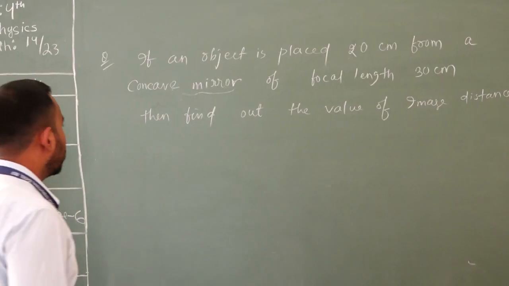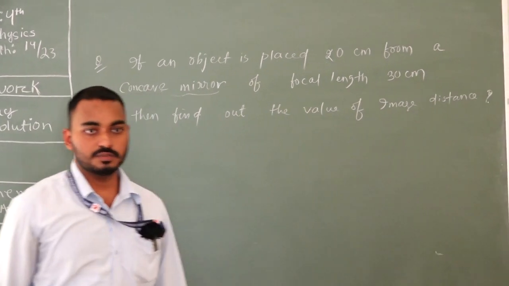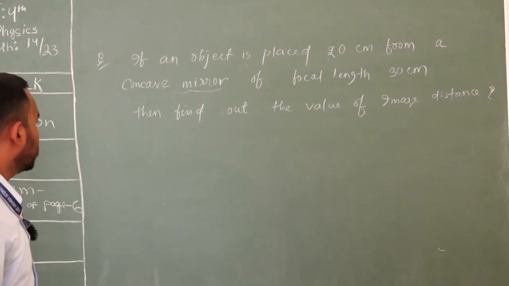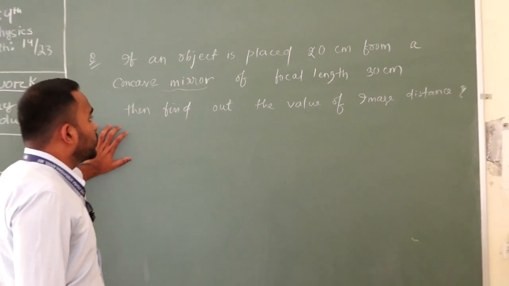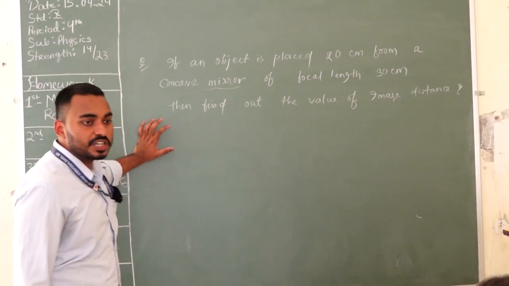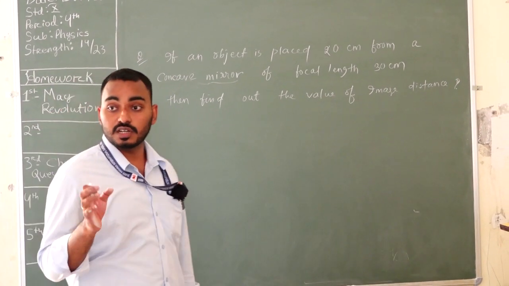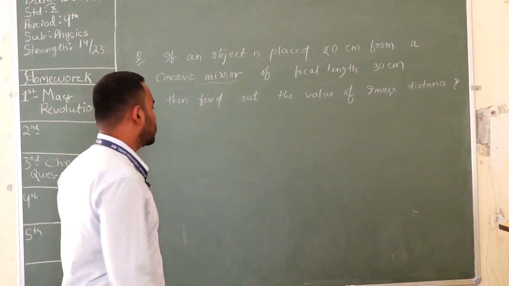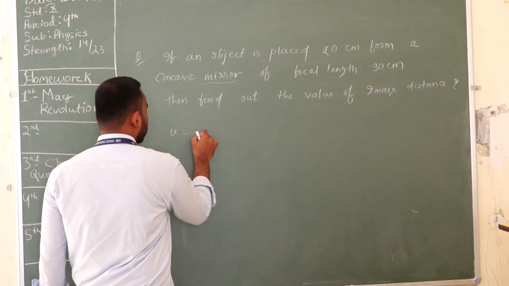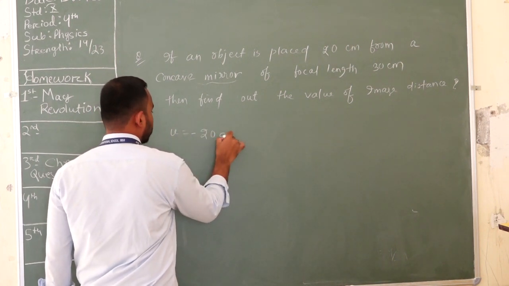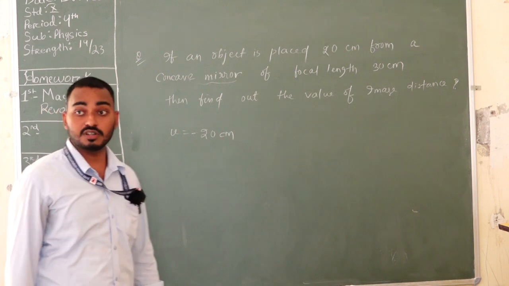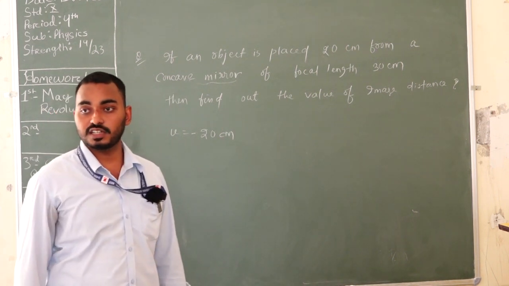See, here is another question, but it will be something different. Okay, see, an object is placed 20 centimeter from a concave mirror, that is, an object is placed at a distance of 20 centimeter. That means U is equals to what? 20 or minus 20? Minus 20 centimeter, because object distance is always taken as negative.